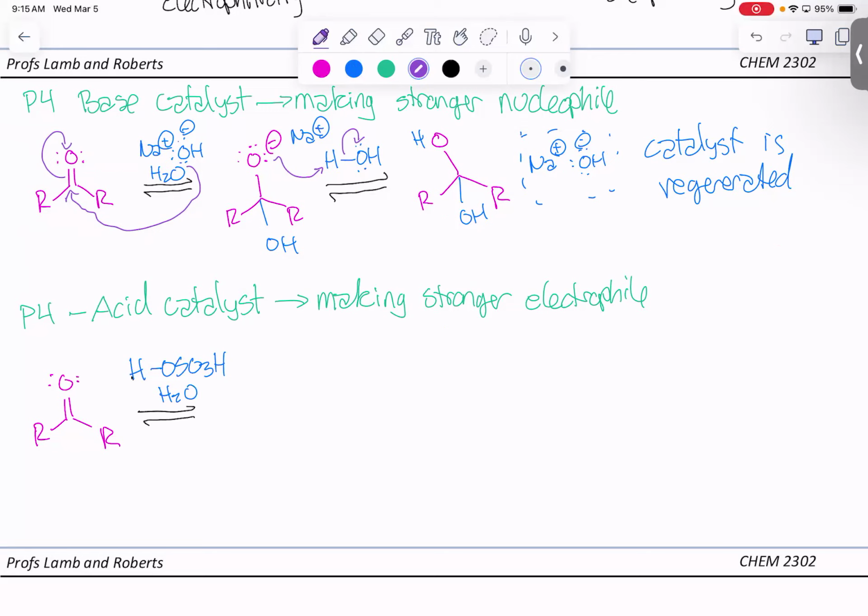Great, we can go ahead and take that lone pair of electrons and protonate our oxygen. Right, and that leaves us a positive charge on our oxygen, because we've just protonated it. And then the counterion is, of course, SO3H minus.